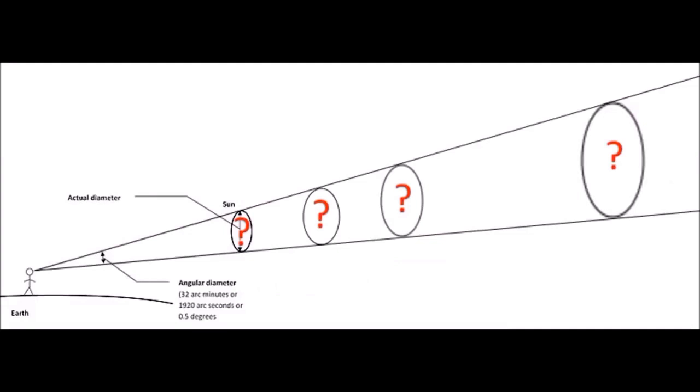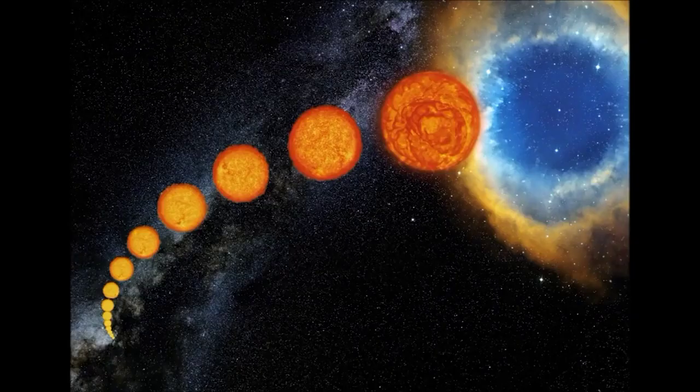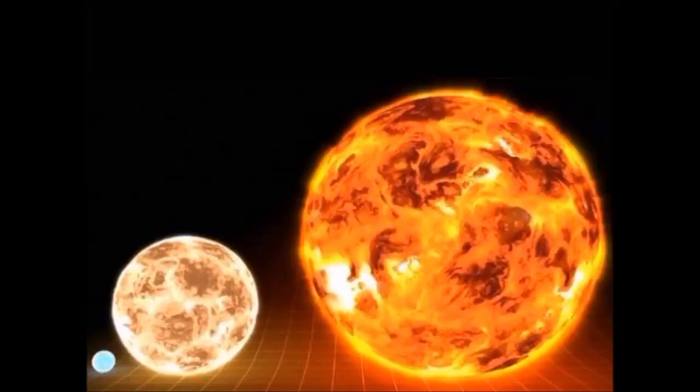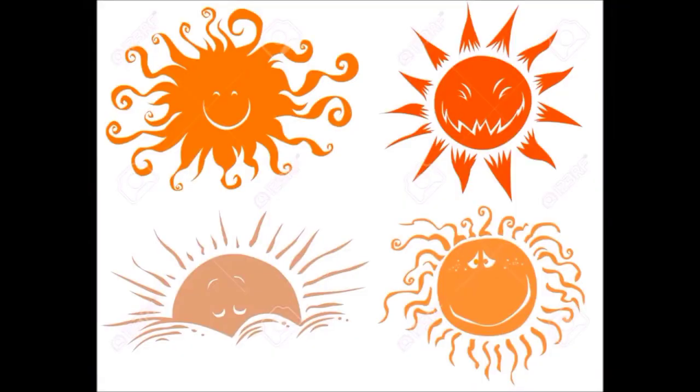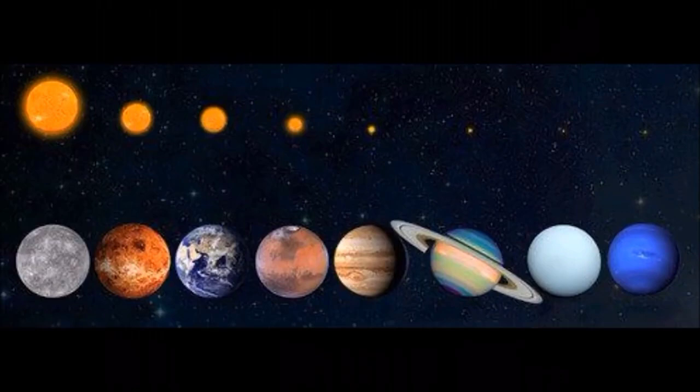Knowing the angular diameter or apparent size of a celestial body, we can easily invent a model using trigonometry. We could say the sun is 500 miles in diameter and 57,000 miles away, or maybe it is only 5 miles in diameter and 500 miles up. Or if we wanted to get really crazy, we could invent a sun that is 2 million miles in diameter and 229 million miles away.